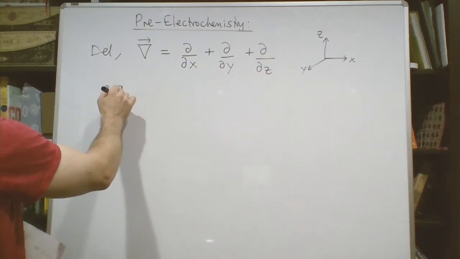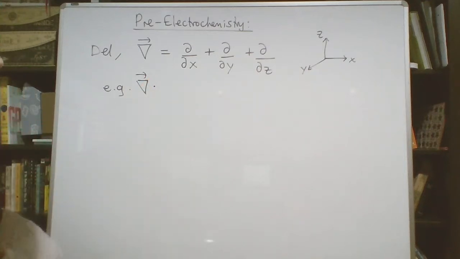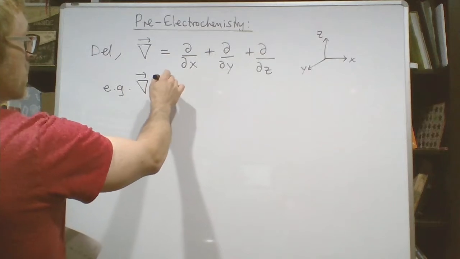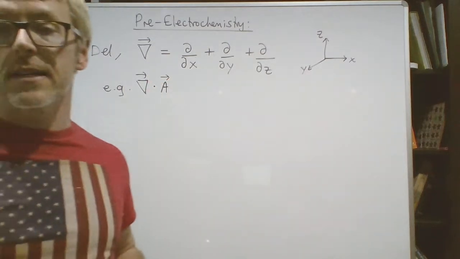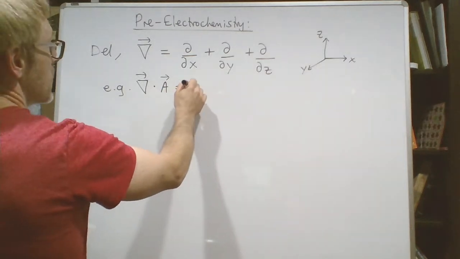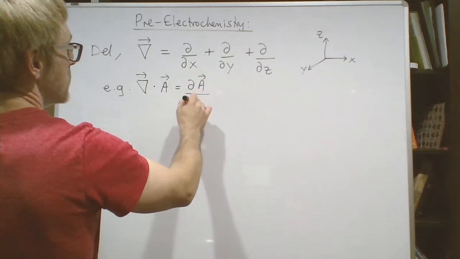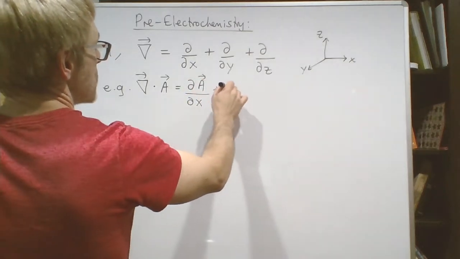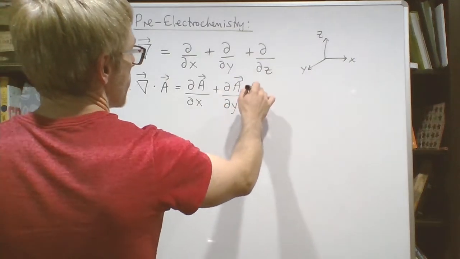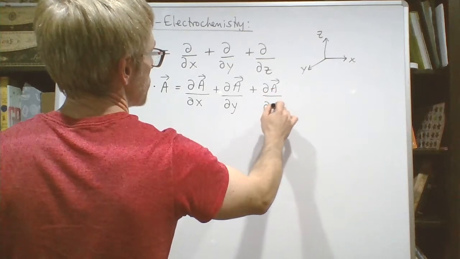So for example, if I took del dot with a vector, let's say A, where A could just generalize a potential, then del dot A is dA/dx plus dA/dy plus dA/dz.